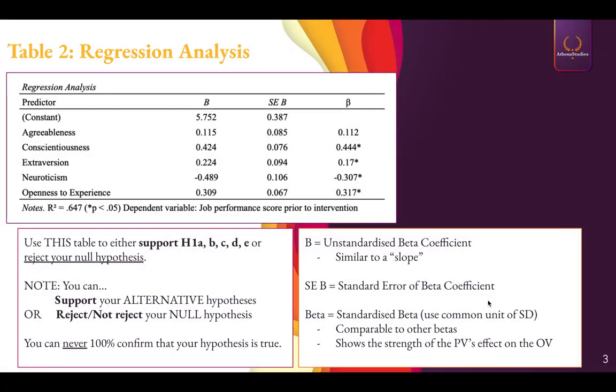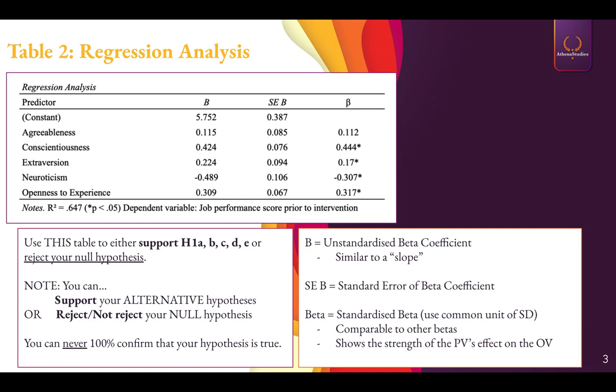Then moving on to table 2, which is your regression analysis. And so again, this is a table for mine. Yours doesn't have to look exactly the same, except for the format, which is APA. This table, your regression analysis, is what you can use to support your hypothesis 1A through E, which is talking about the big 5 and how it's related to job performance.